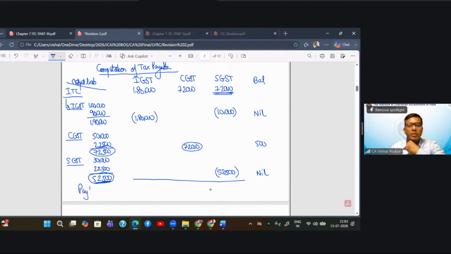Now payable through cash ledger. So 180 liability, 180 knocked off, nil. 72,000, 72 knocked off, nil. Right? And here 72, out of which I have knocked off 62,500. So 7,500 I'll have to pay using my cash ledger. I hope this is clear, students.